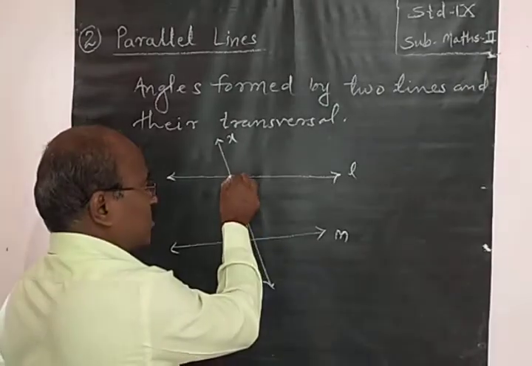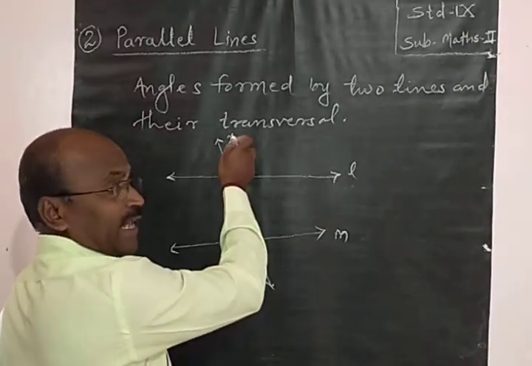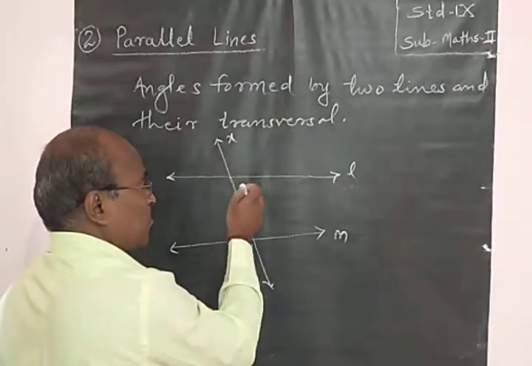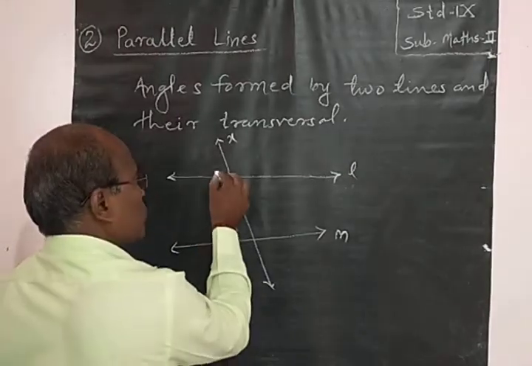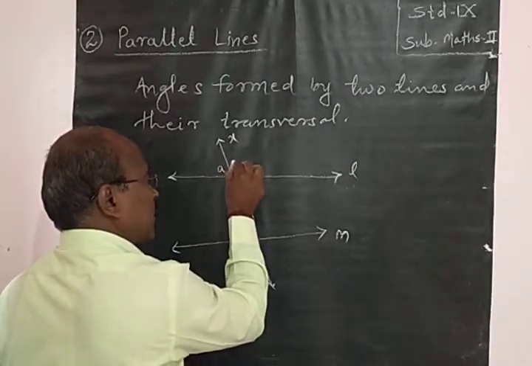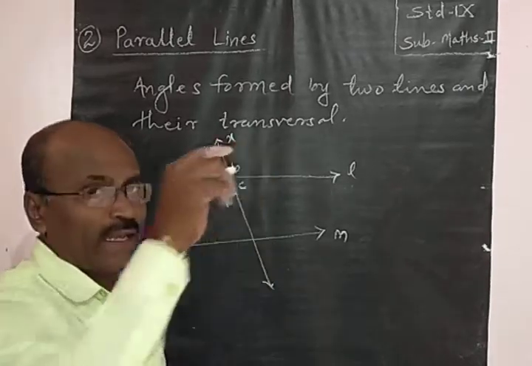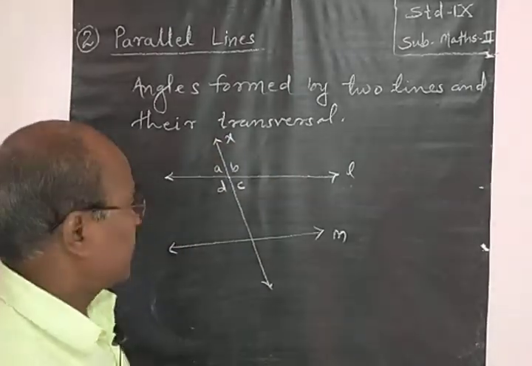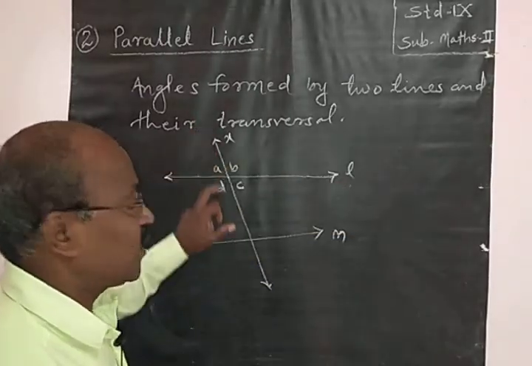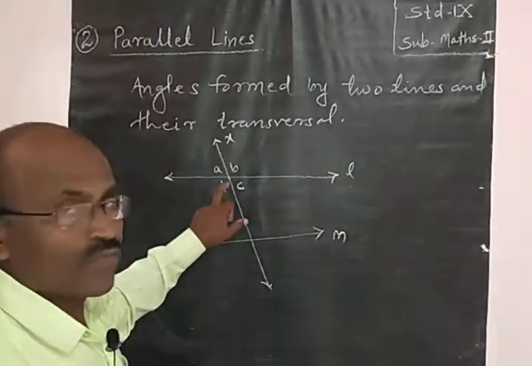At the point of intersection of line L and line X, four angles are formed. Let these four angles be A, B, C, D. These are the four angles formed by intersecting the line L and the transversal X at this point.